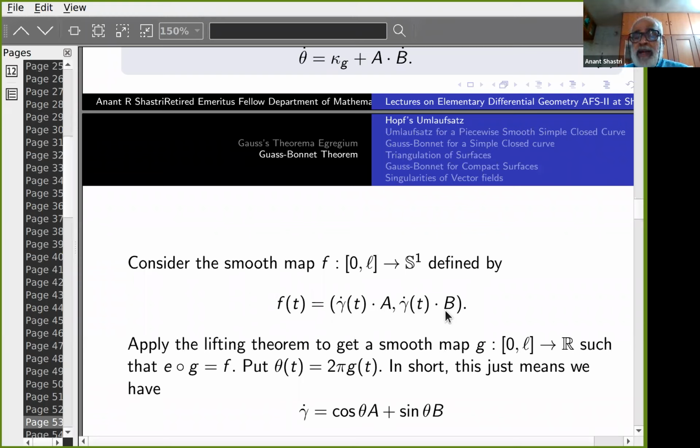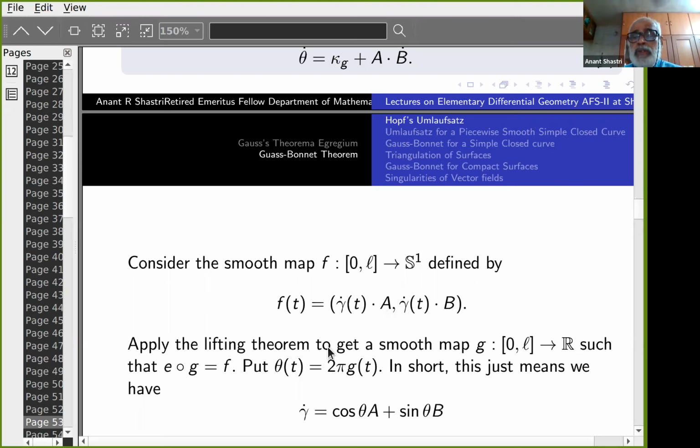The point is that it takes values inside S1. Otherwise, it is just a vector in R2. Why is that true? Because gamma dot is a unit vector. Okay, so gamma is a unit speed curve.